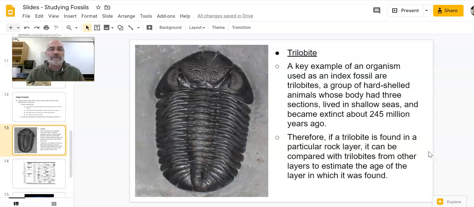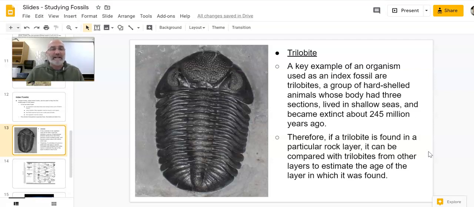Now, what else is interesting is that trilobites, just like any animal, changed their external structures slowly but surely over time. We call that natural selection. So an animal becomes uniquely suited to survive and thrive and reproduce in its own habitat, and over the course of time, it changes its body structures.